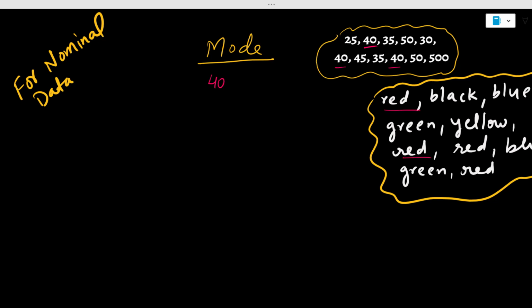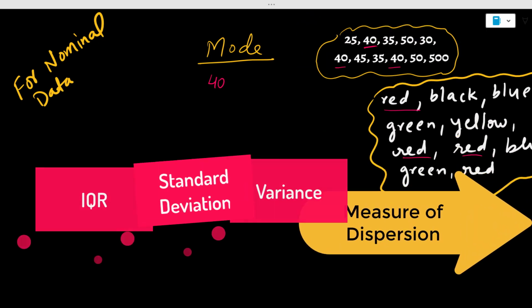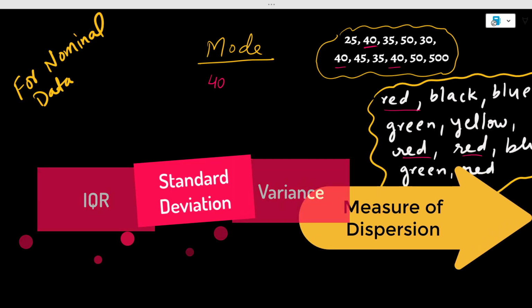It is red. So we conclude that most of the products in the shop are red in color. Now there can be more than one mode. Let's say we get 3 red and 3 blue. In that case we have 2 modes in the data set.